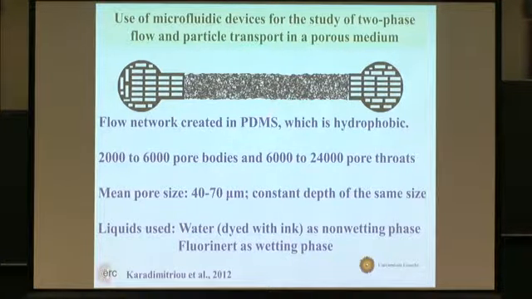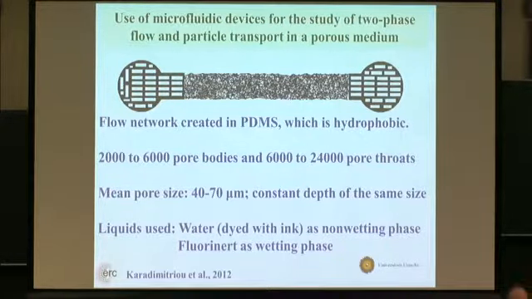In this particular micromodel, which is made of PDMS, PDMS is a hydrophobic material, so water dyed with ink is the non-wetting phase because it's hydrophobic, and another liquid we use, fluorinert, is the wetting phase. I don't know whether you're familiar with wetting and non-wetting terminology.